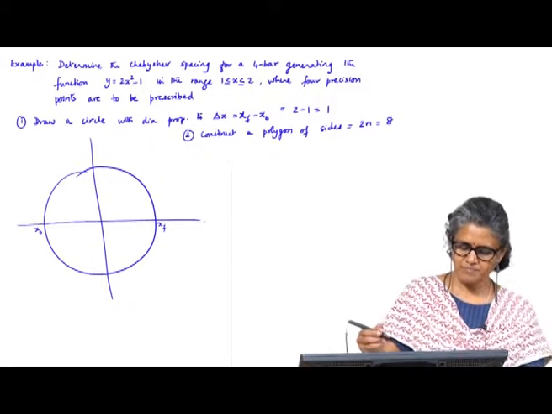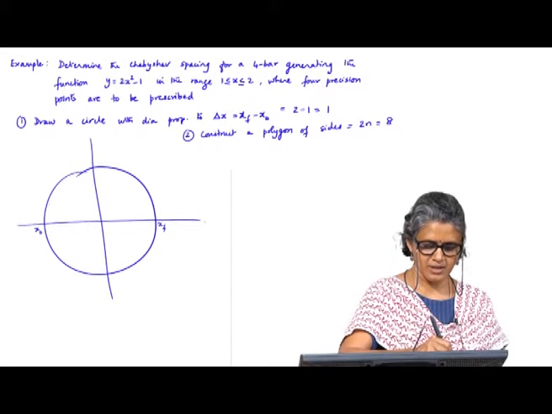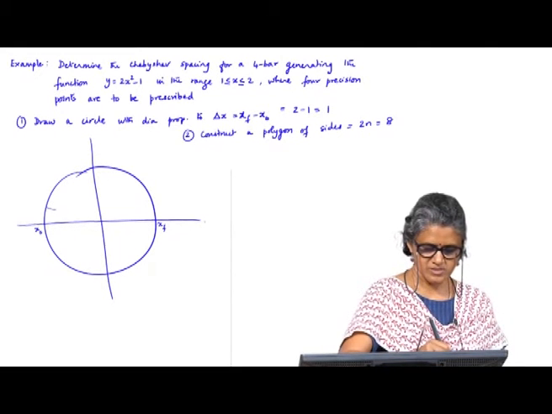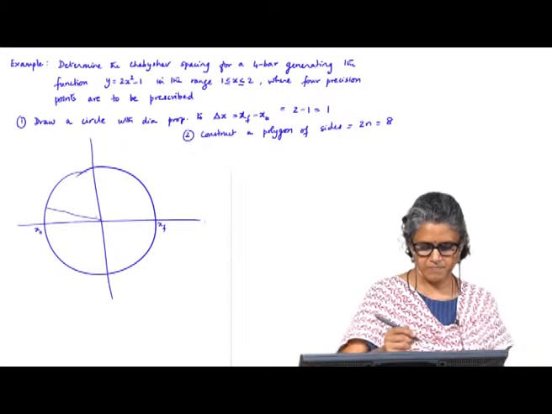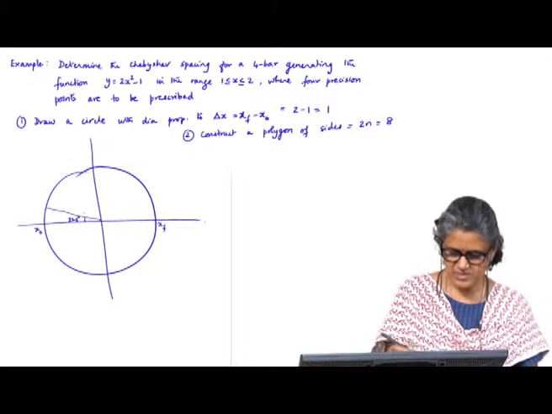We saw that the angle that you are looking at for the polygon, this angle would be 22.5 degrees.